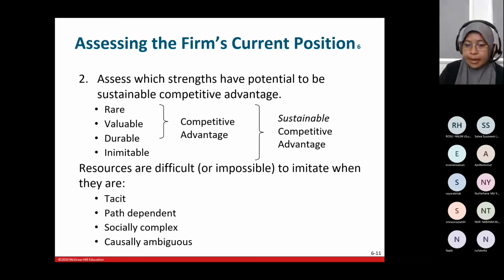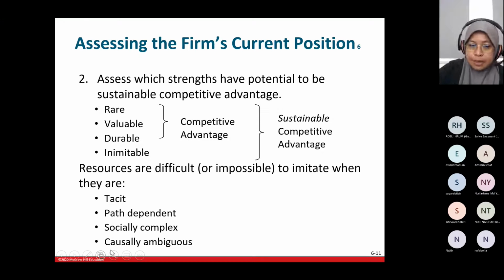For example, if a company from outside wants to penetrate the China market, it's not easy because of the social complexity. And the last one is causal ambiguity, meaning that in the future you are not really sure what will happen to the existing product and existing strategy.